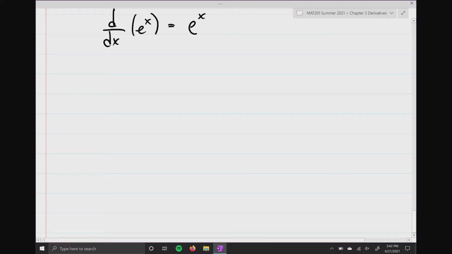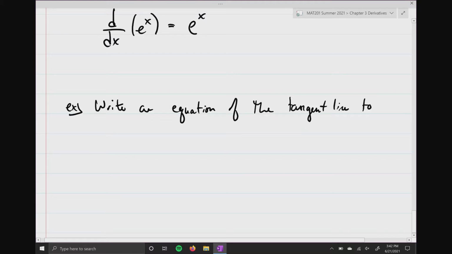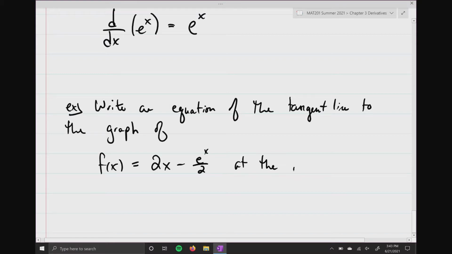So the first example I'd like to do is to write an equation of the tangent line to the graph of f of x equals 2x minus e to the x over 2 at the point 0, comma, negative 1/2.